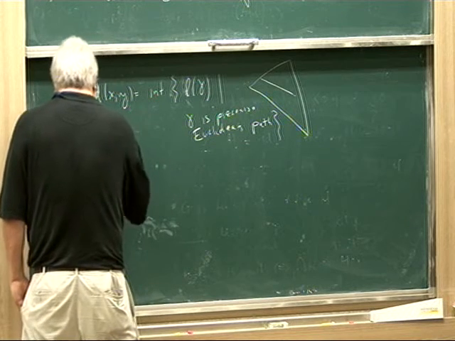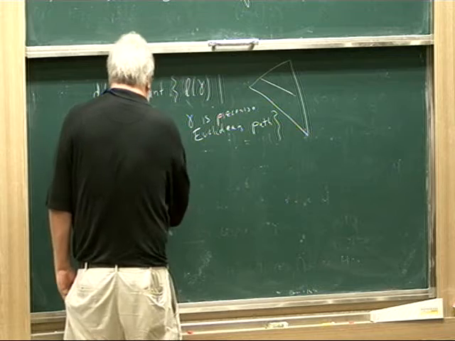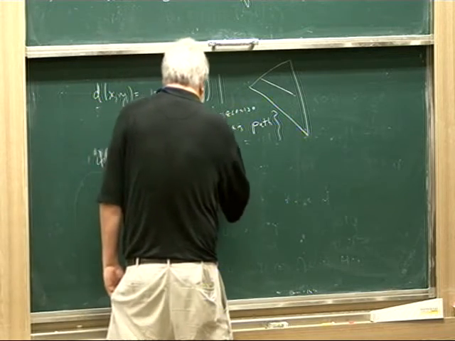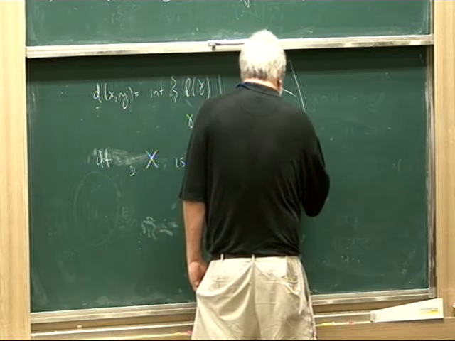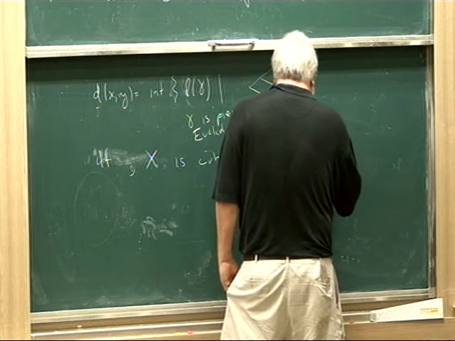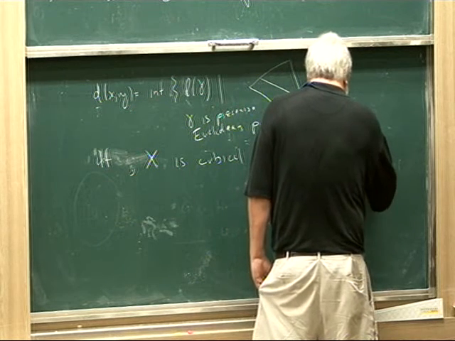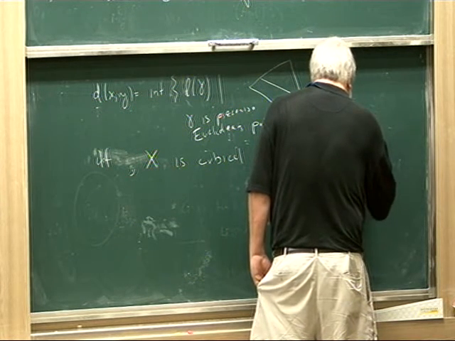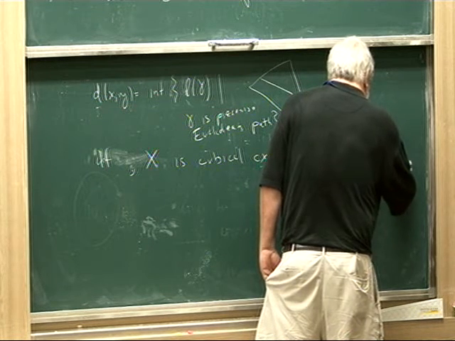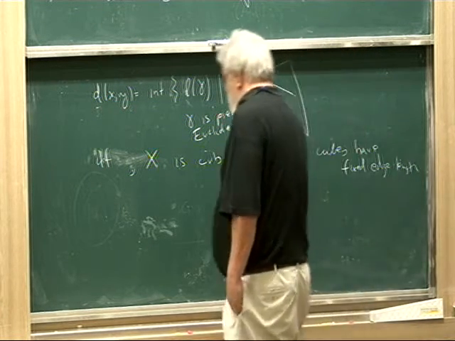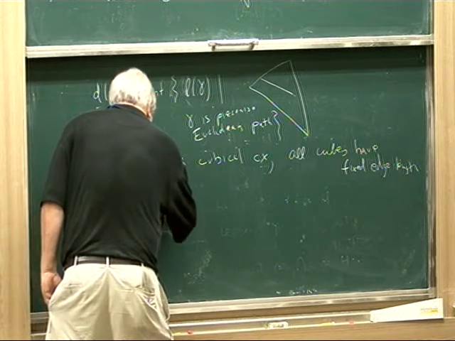So you can make one of these Euclidean cell complexes into a metric space, and in particular, if you're given a cubical complex, where you put a metric where all cubes have edge length 1 or some edge length, then that has this natural metric. X has a piecewise Euclidean metric, PE.